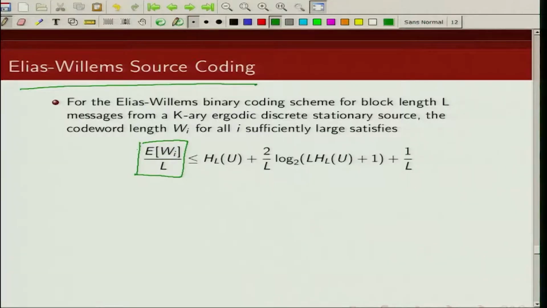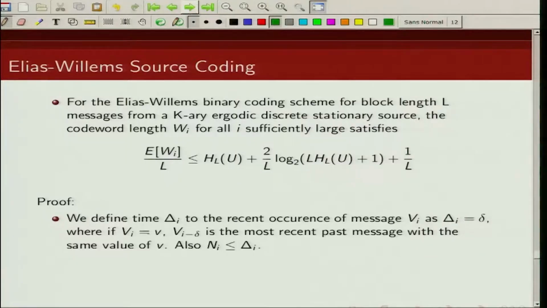So we are going to show you that for an Elias-Willems source coding technique, where input is of block length L and we have a discrete stationary source, the expected code word length divided by L is upper bounded by this quantity. Okay, and if L goes to very large, you can see these terms becoming smaller and smaller. So this term is coming closer to entropy rate plus some small term.